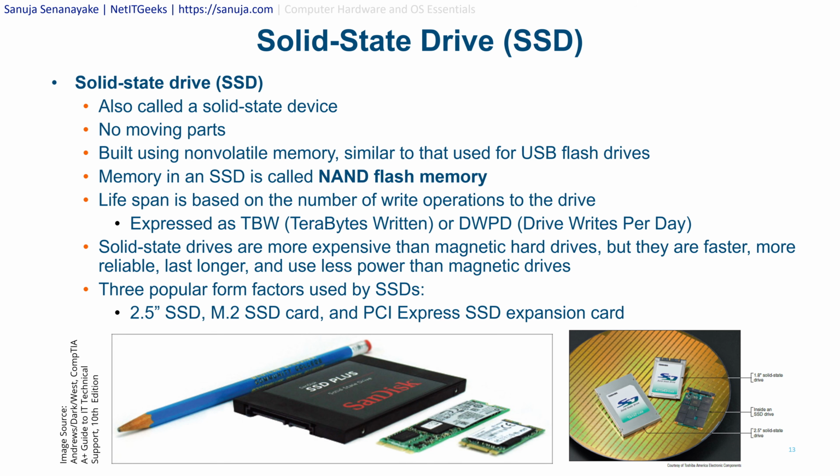Three popular form factors used by SSDs include the 2.5 SSD, the M.2 SSD card, and PCI Express SSD expansion cards. These are the three most commonly used form factors in 2022.